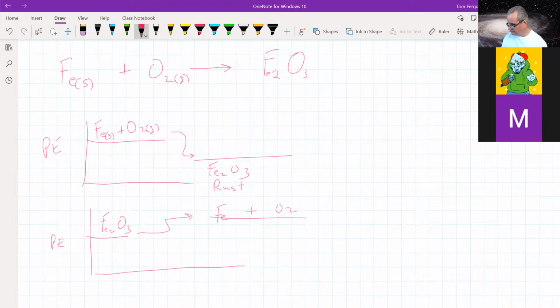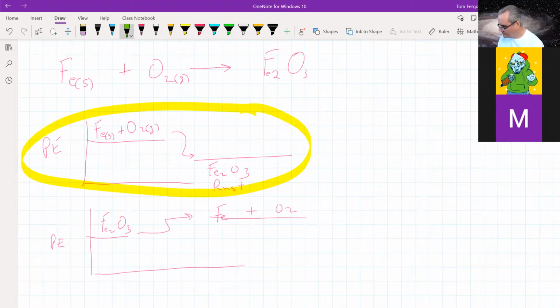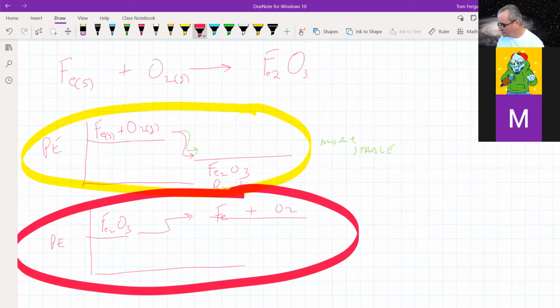This is going downhill. So this is more stable because it's going down. This is less stable because we're having to go up, because the iron is less stable than rust.